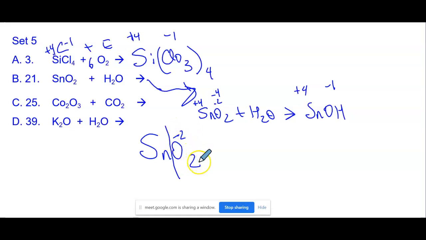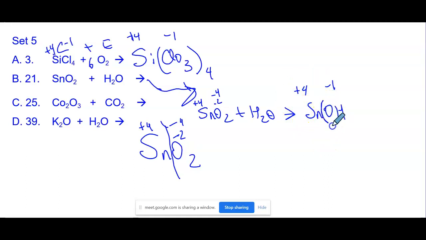If O's are always -2 and there's 2 of them, then this side is -4, because -2 times 2 is -4. So this side has to be +4 if there's only one of them for it to go together, because I have to have a +4 and a -4 to form a compound. The positives and the negatives have to be equal. So that's how I know it's +4 on this side.